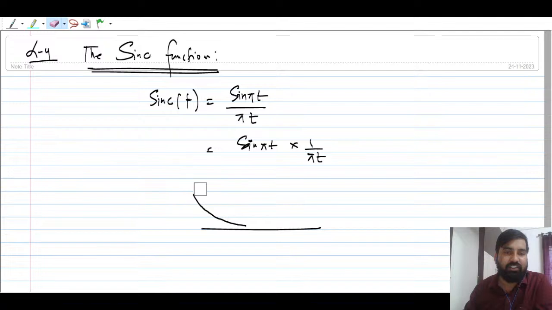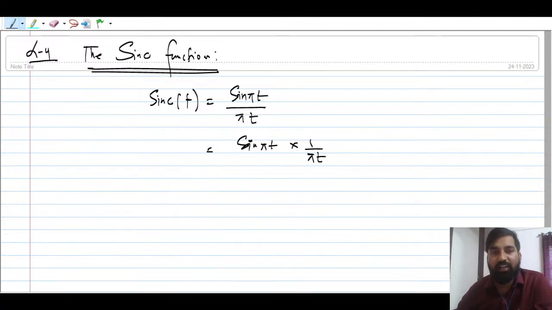What we are doing here is multiplying these two functions. How does the sinc function look graphically? That we have to understand. Sinc of t is sine pi t by pi t, and since the sine term oscillates while the factor 1 by t decreases with time, sinc of t shows decaying oscillation.